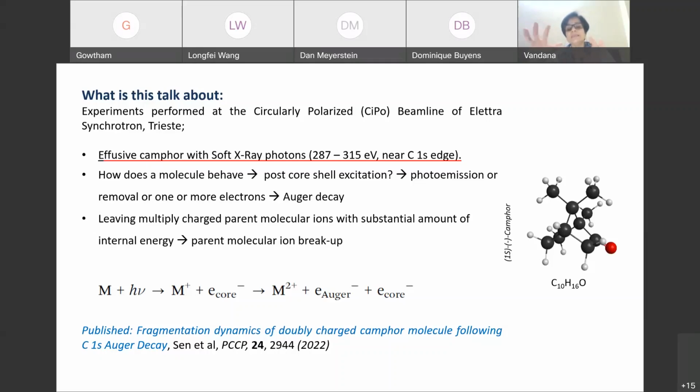This ultimately leads to a multiply charged molecular ion, and then this molecular ion eventually breaks up. This is a very fast process, and then the fragmentation happens and the molecules get fragmented, and we are interested in looking at that. This is the paper which we recently published, and most of this is taken from there.